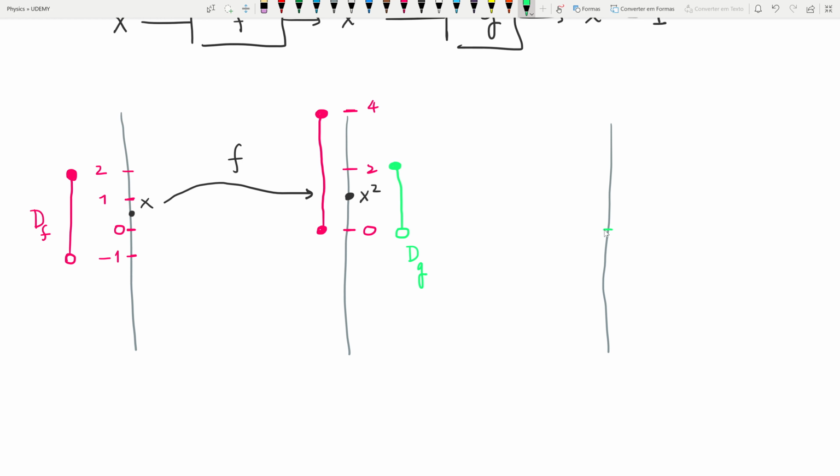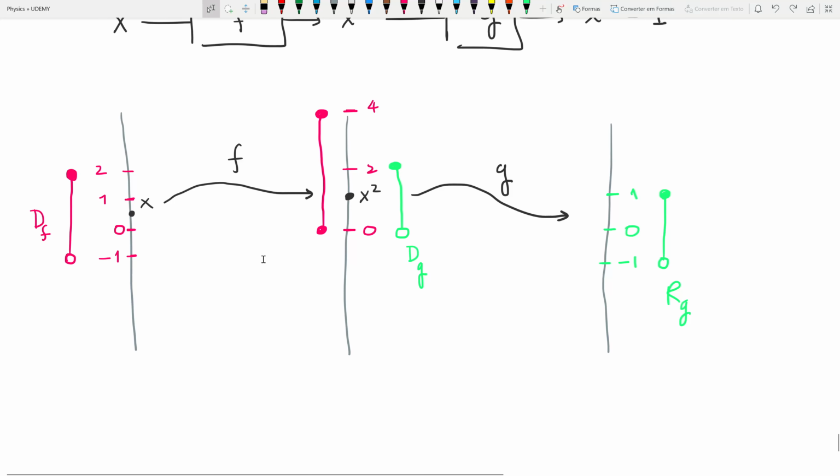So this is 0 here. This is -1 up to 1, somewhere here. So in this case, it's open and then closed. And this is the range of g. And in particular, what does g do? Well, it maps those values in this green interval into elements here in this interval.